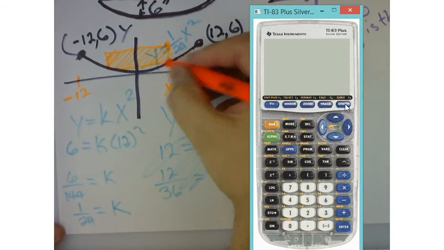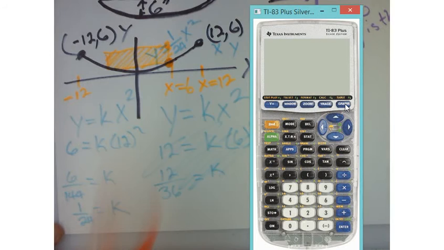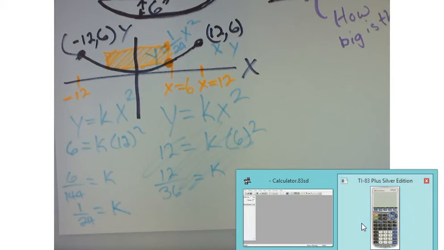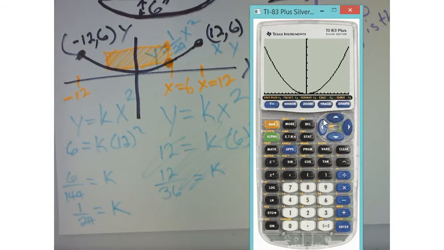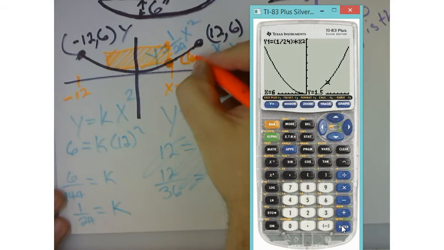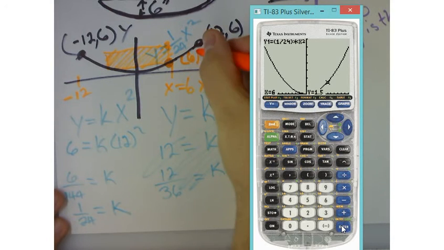So how do I figure out what this point is? Well, I could just plug it in my calculator, can't I? Trace, when x equals 6, what's y equal? 1.5. So this point right here is 6, 1.5.